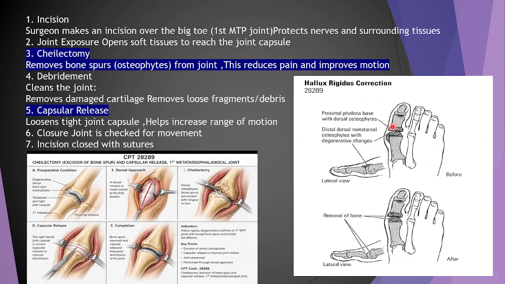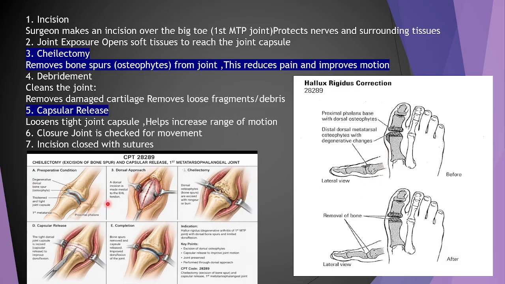And the cheilectomy: the bony growth is removed, the bony spurs, that is, osteophytes. And the debridement, that is cleaning of the joint, is done, removing damaged cartilage, loose fragments and debris, and capsular release to loosen the tight capsule. After that the closure is provided.